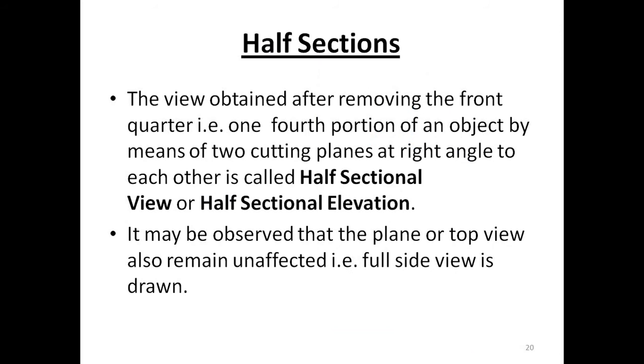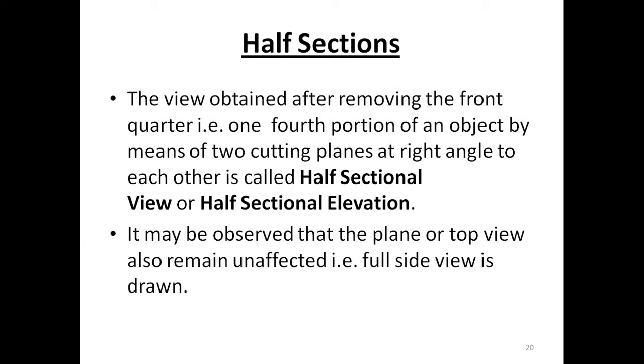Now, in this lecture we are going to study half sections. First of all, we are going to understand what is meant by half section. The view obtained after removing the front quarter, that is one-fourth portion of an object, by means of two cutting planes at right angles to each other is called half sectional view or half section elevation.